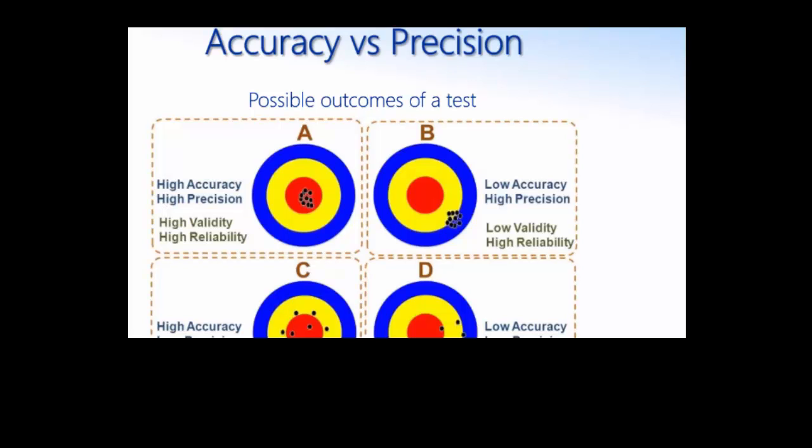It means that our results are true, which means highly accurate, and the values are very close to each other, which means they are highly precise.